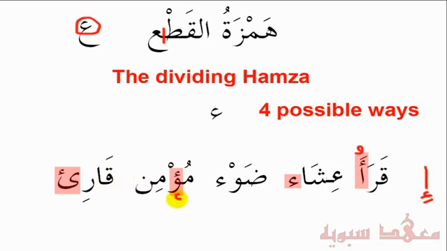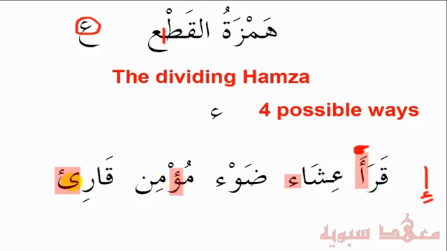So we'll have the Hamza below with the kasras. So anyway, getting back to here, let's just wipe this out. So we can see the 4 possible ways there: being alone, with an alif, with a waw, and with a ya.